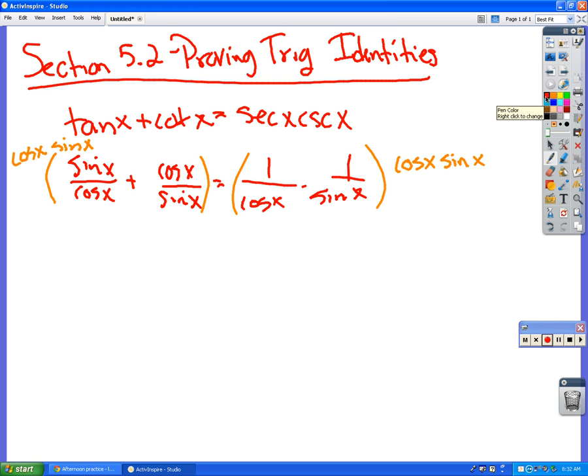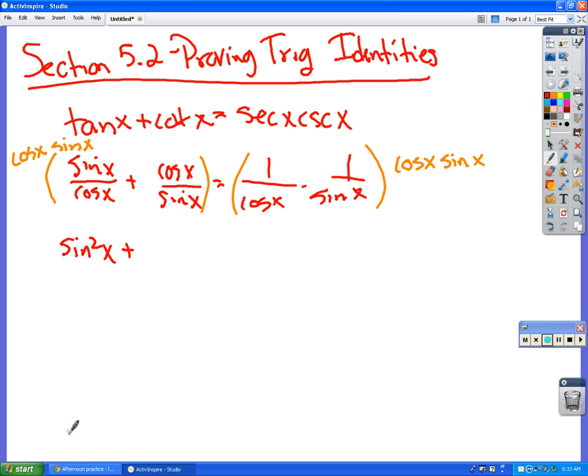So if I multiply cosine sine times sine over cosine, what do I get? What happens to this cosine and that cosine? They cancel because this cosine is on top and this cosine is the bottom. So sine times sine is sine squared.